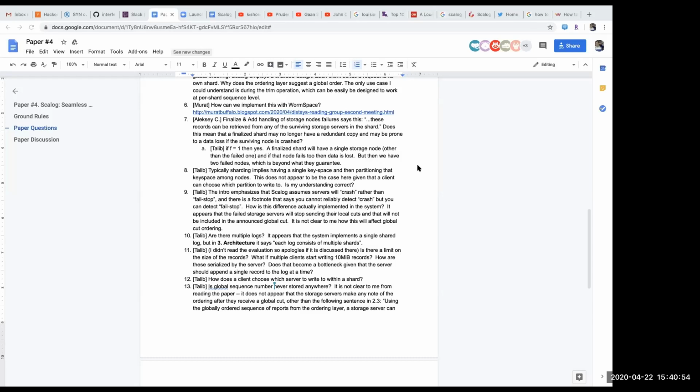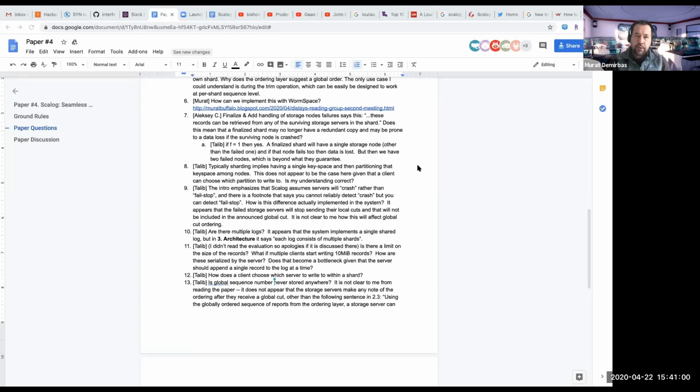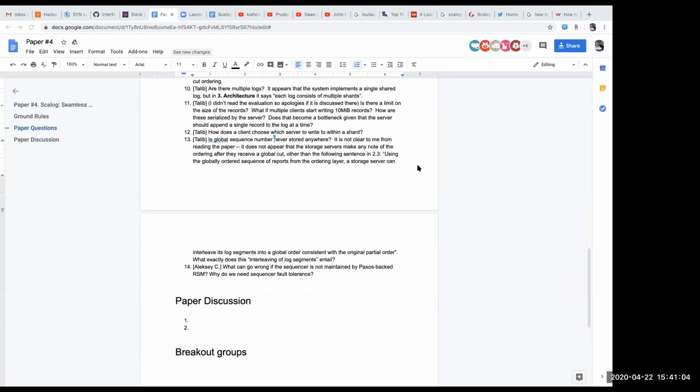Your question 13 is also similar to Alexei's question after that. I'm not sure where the global sequence number is stored. Do servers store it? There's this sentence in 2.3 saying, using the globally ordered sequence of reports from the ordering layer, the storage server can interleave its log segments.